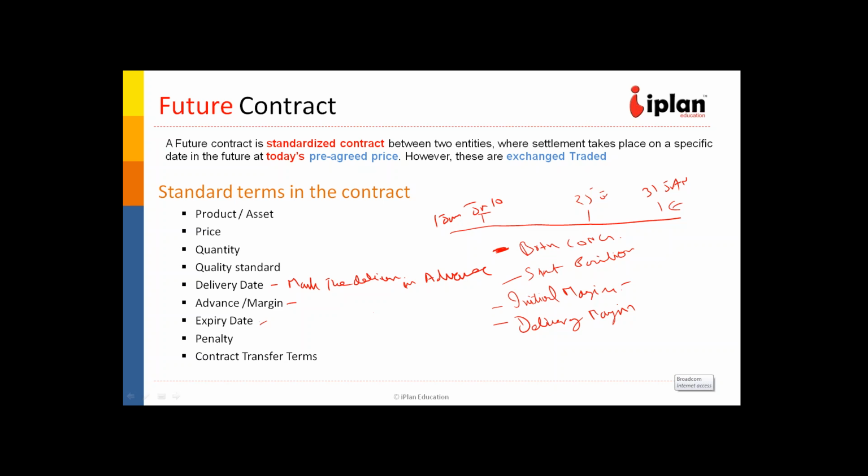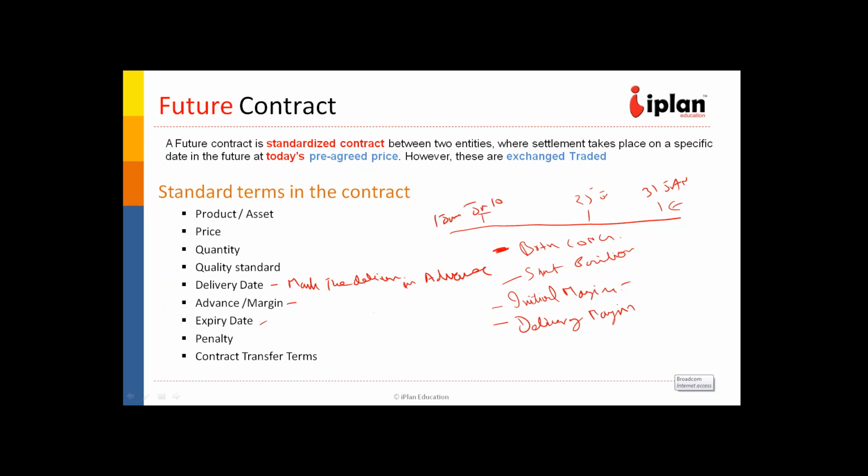Now there are penalty terms also. Penalty is normally set for those who have marked the delivery but have not collected it, or somebody who said that I'll deliver to the exchange. Let's say I have short sold gold, let's say 1 ounce of gold, and on the date of expiry or before that I mark to the exchange that I will not square off my position as net.